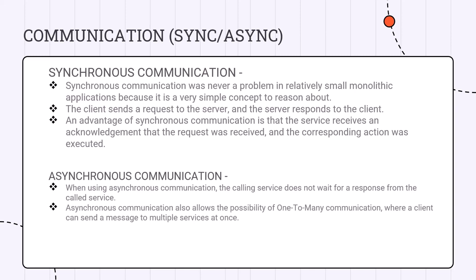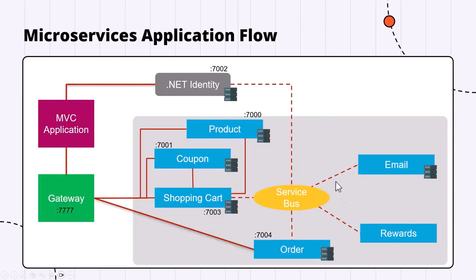Now let me switch back to an example with the first one, synchronous communication. There are some disadvantages with synchronous communication. Let me assume in the architecture here, our web project is sending an email, where the email service has to send an email.